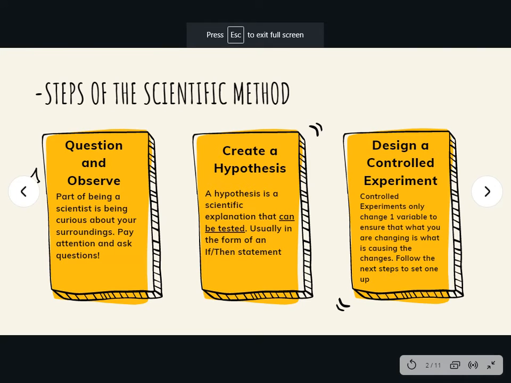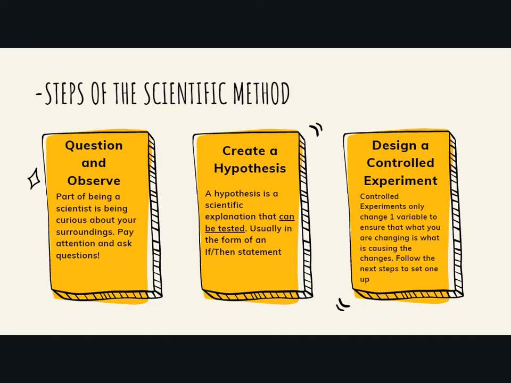Okay. So there are 6 main steps to the scientific method. The first one is to question and observe. The entire point of being a scientist is to be curious and to ask questions about your surroundings.